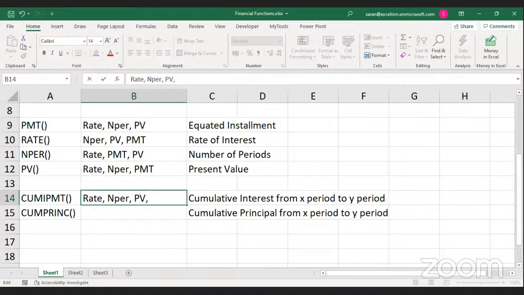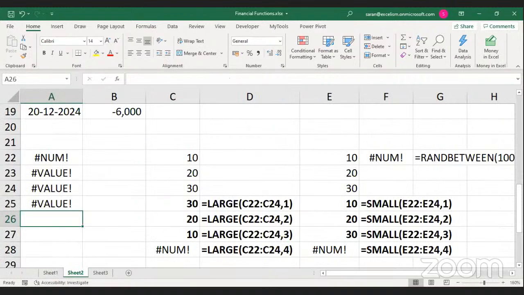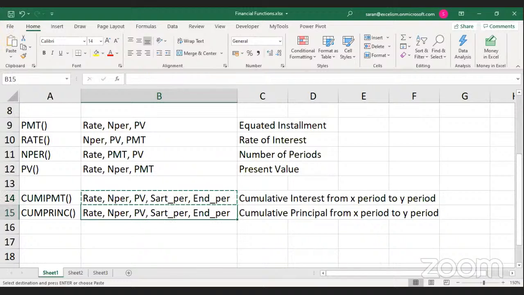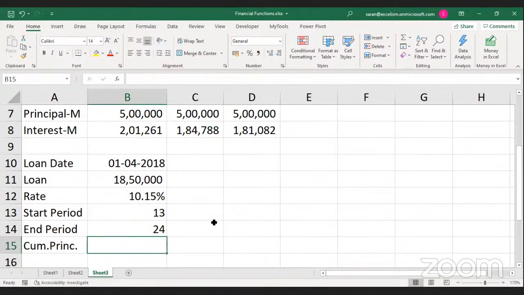Along with these arguments, there must be two more arguments. What is the start period? And what is the end period? So two extra arguments will come along with those three arguments, right? The same arguments will even come for the principal. I hope you are getting the point of what I'm trying to do.